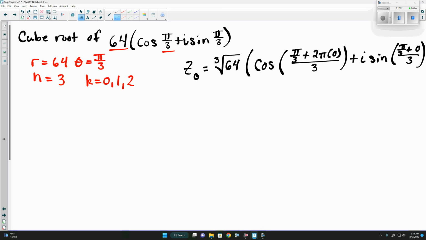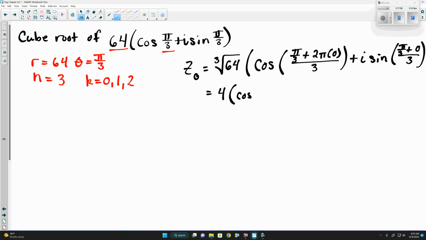Ran out of room, so I just went on and simplified the fact that 2 pi times 0 is indeed 0. One thing that is nice, the cubed root of 64 is 4. So for z1 and z2, we won't have to rewrite the cubed root of 64 anymore. We can just rewrite 4. So really, if I had checked what the cubed root of 64 was, and it's 4, I could have started with that.